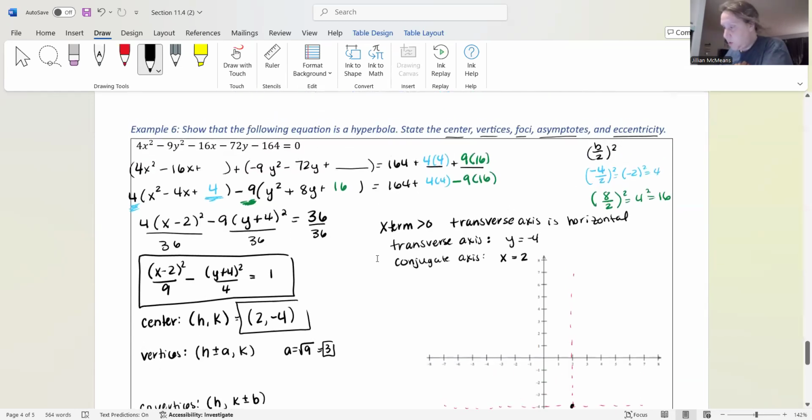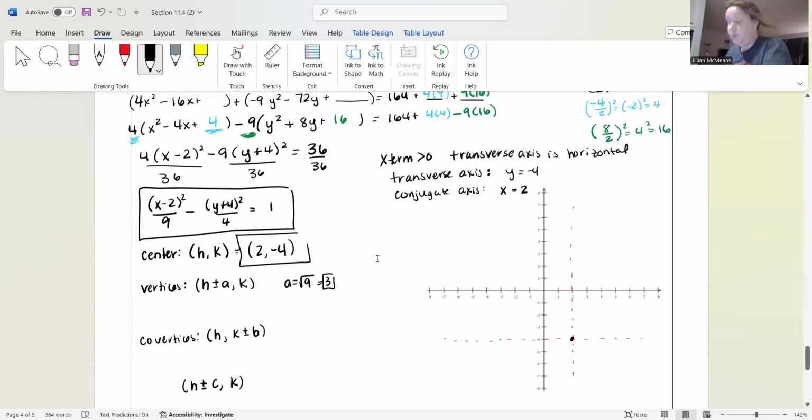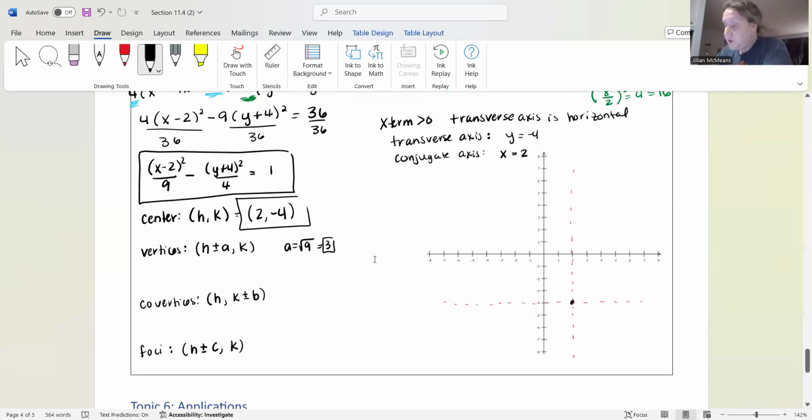Oh, it's literally right above me. The center is 2, negative 4. So our vertices are going to be 2 plus or minus 3, comma, negative 4. 2 minus 3 is negative 1, comma, negative 4, and 2 plus 3 is 5, comma, negative 4. So those are our main vertices.